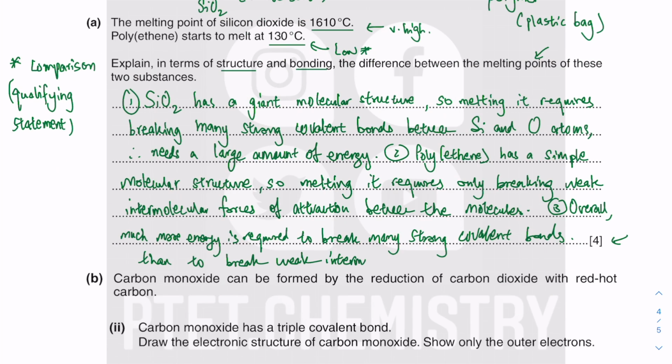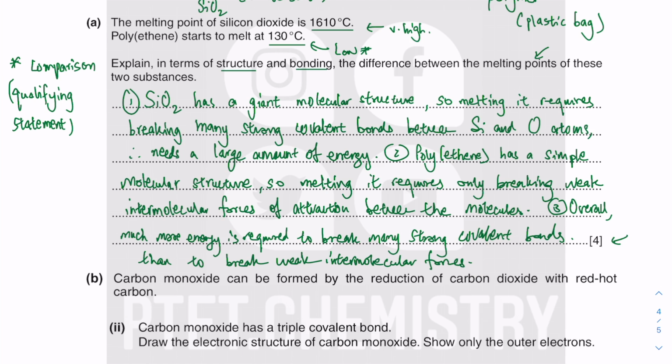This last qualifying statement is always important because sometimes it's not really comparing breaking strong covalent bonds versus this. Sometimes it's about comparing giant molecular structure versus giant molecular structure. So you're actually comparing the strength of the covalent bond that you're breaking. Sometimes it's about simple molecule versus simple molecule.